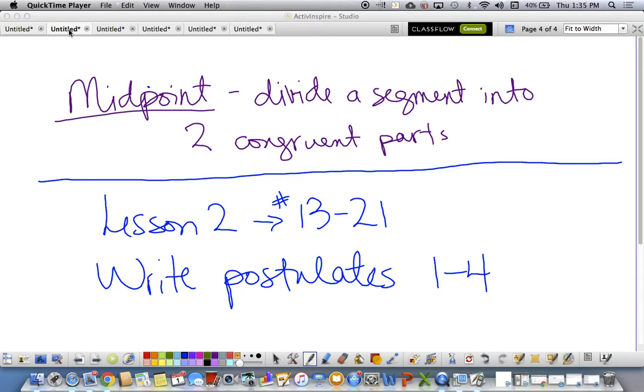On a completely separate sheet of paper that you will keep separate, you're going to start your postulates. If it's in the box, you can write it down. Okay? Postulates 1 through 4. 1 and 2 are from lesson 2. 3 and 4 are from lesson 3. Okay?